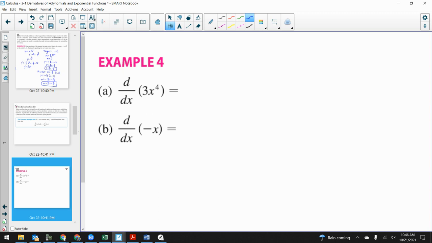This is essentially saying 3 times d over dx of x to the fourth. Well, what is d over dx of x to the fourth? 4x to the third, right? So this is 3 times 4x to the third. Okay, so 12x to the third. So essentially, you're doing the power rule, but whatever the coefficient was in front of it, you're just going to multiply it back to it. So 3x to the fourth just becomes 12x to the third.